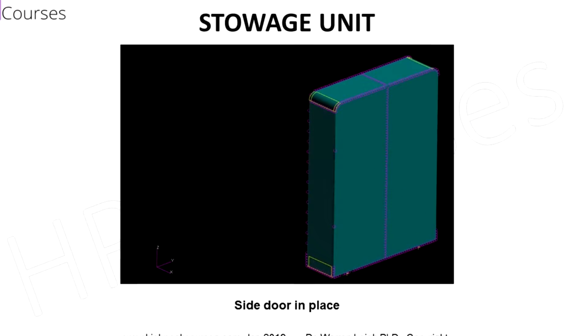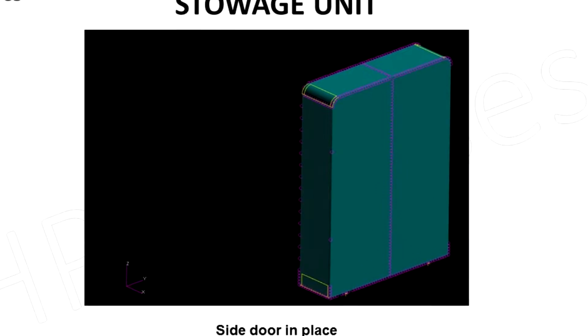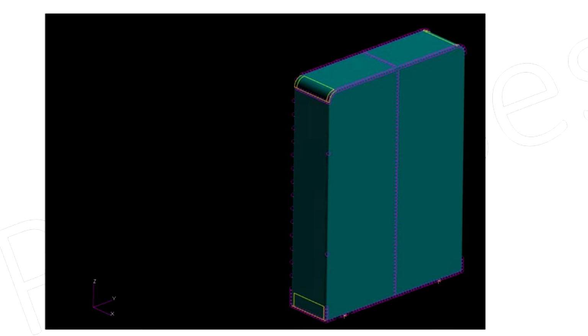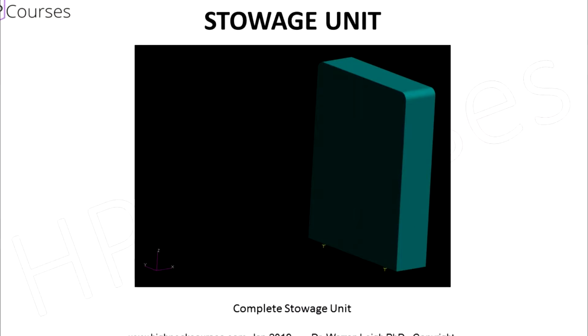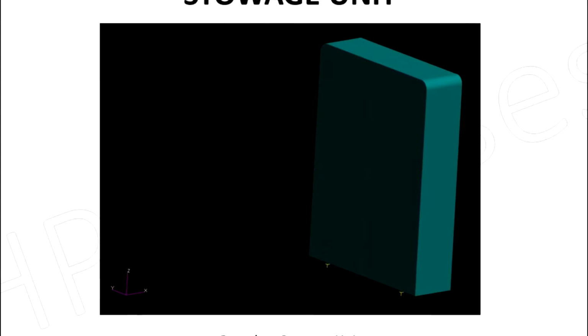In this view, you can now see the side door in place in the end of the stowage unit between those two horizontal yellow lines. Here's a view of the completed stowage unit. Note on the floor those little yellow triangular shapes. Those are the feet.